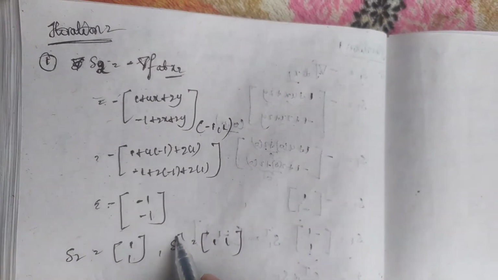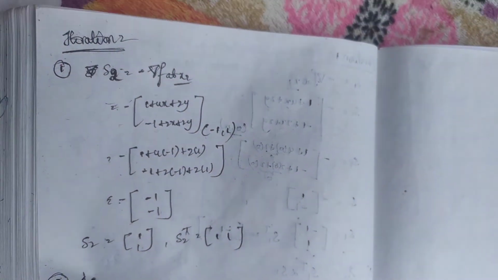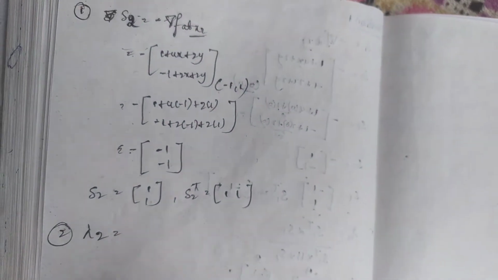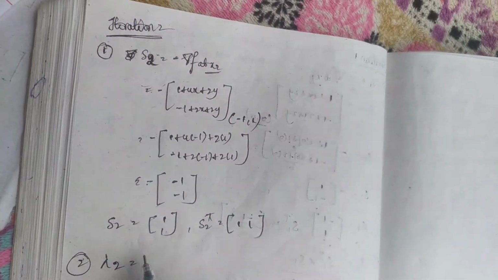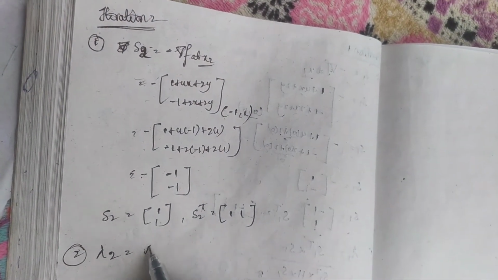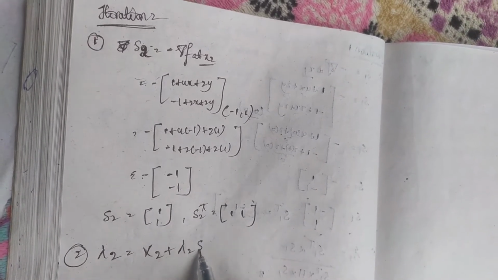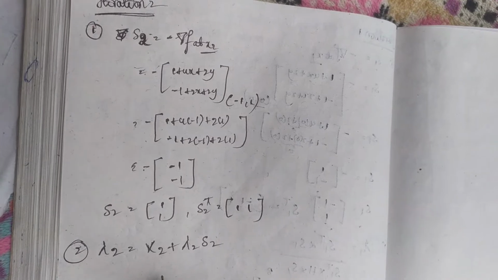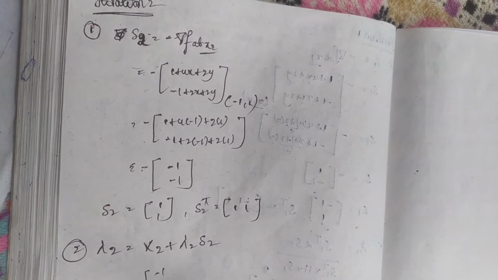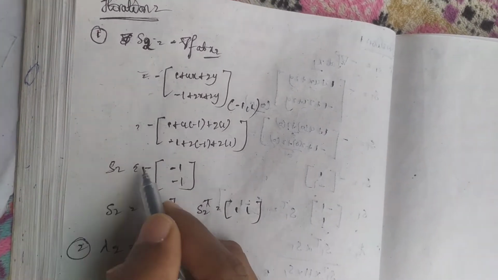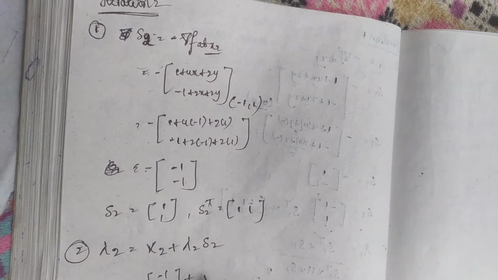S2 transpose means it is like this direction. The second step is to find the lambda 2 value, because it is the iteration 2 process now. So we are placing all as 2, that is x2 plus lambda 2 into S2. Here x2 is minus 1, 1, plus lambda 2.